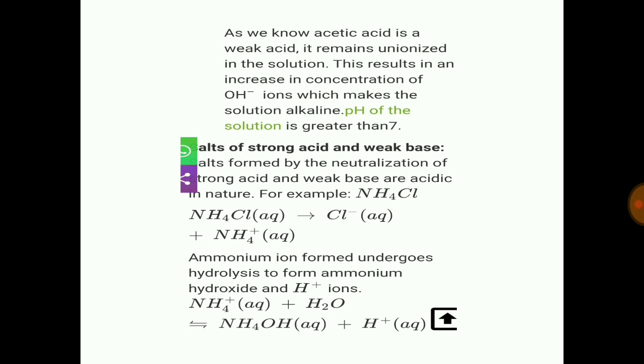Another is salts of strong acid with weak bases. The solution formed at that time is acidic in nature. For example, if we take ammonium chloride, it gives chloride ions and ammonium ions. The ammonium ion formed undergoes hydrolysis to form ammonium hydroxide and hydrogen ions.